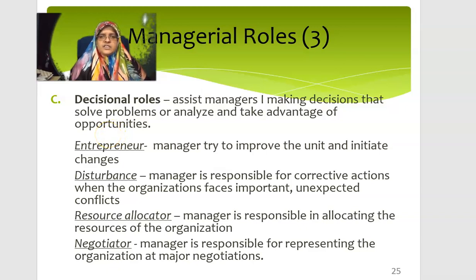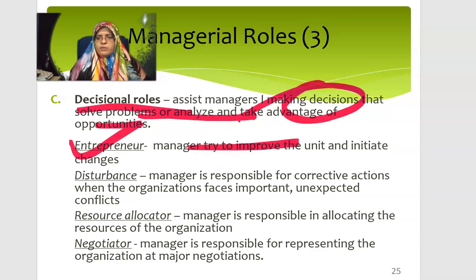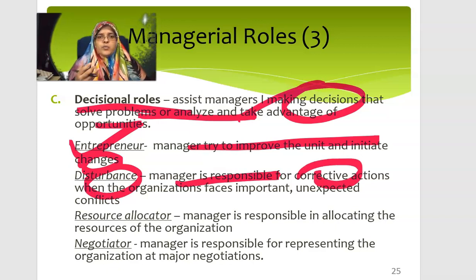Okay. So, decisional roles. Okay. Assist managers in making decisions that solve problems or analyze and take advantage of opportunities. How? In entrepreneur, manager try to improve the unit and initiate changes. Okay. Disturbance. Manager is responsible for corrective action kalau berlaku masalah.